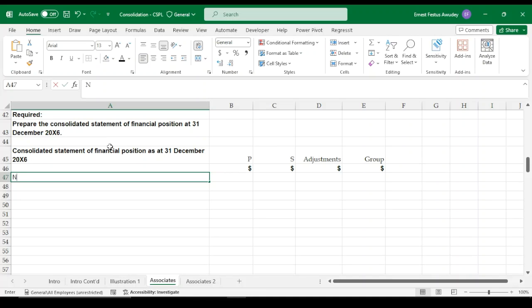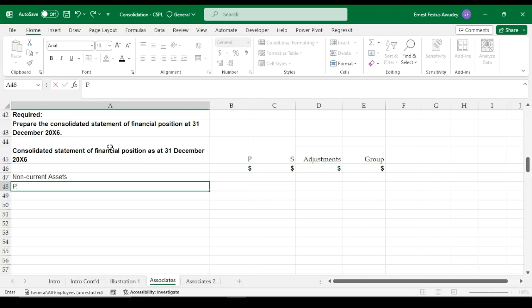So we have our non-current assets, and they've been given directly to us, but I'm going to put it as property, plant, and equipment.